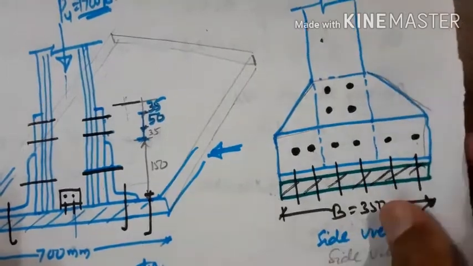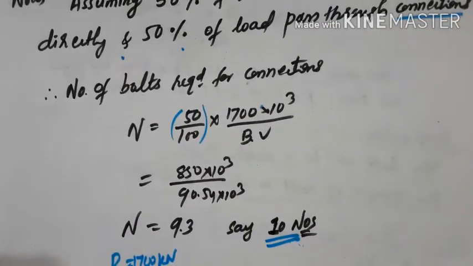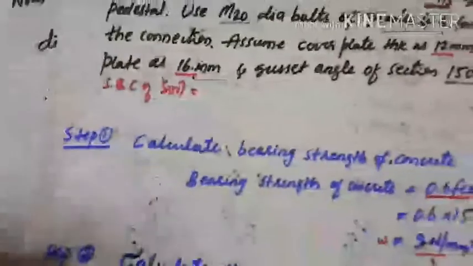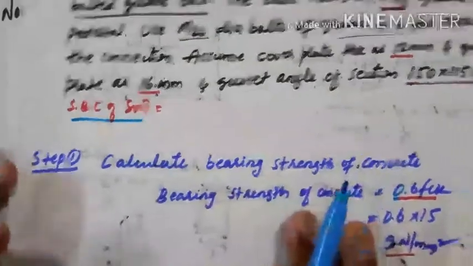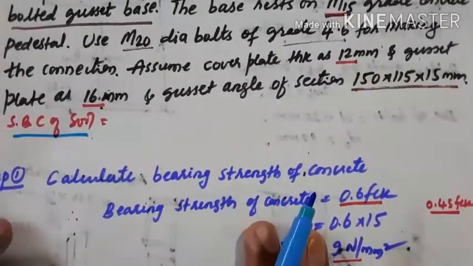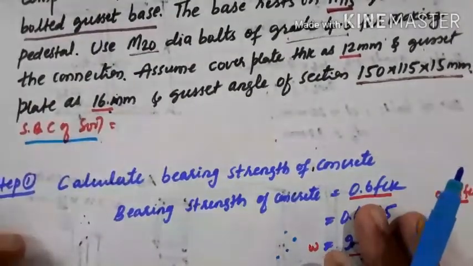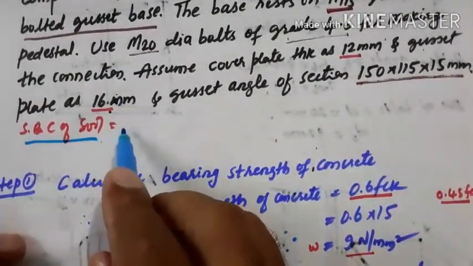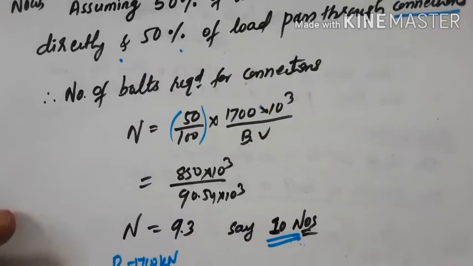Okay, then after this, if the bearing capacity of soil is given, in this problem SBC of soil is not given, so no need to calculate the concrete pedestal size here. If SBC of soil is given, then you have to calculate the size of the concrete pedestal required. Again you know the procedure for that.